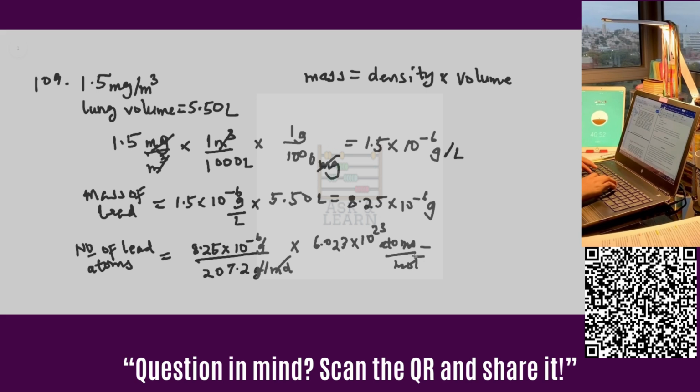Upon solving this, our final answer is going to be 2.40 times 10 to the power 16 atoms of lead present in your lungs.